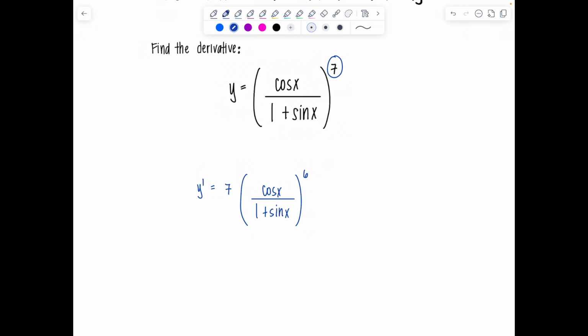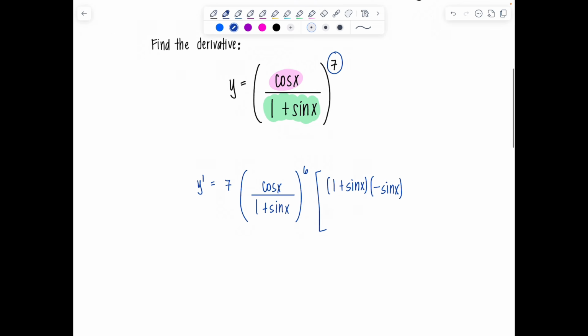When you're applying the chain rule, you start on the outside, work your way in. So the derivative of the inside requires us using the quotient rule. This is the numerator, I'm going to call it high. And this is the denominator, that's low. I sing this little song when I think of the quotient rule. Low d high means differentiate the numerator, which would be negative sine x.